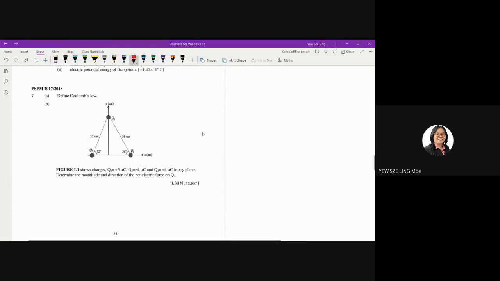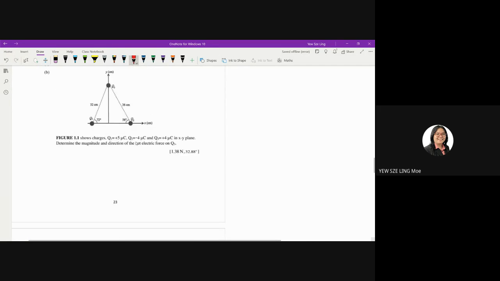All right, so let us look at this question. Question 7B. You are given three charges. Q1 is a positive charge, Q2 is a negative charge, and Q3 again is a positive charge. So you have two positive charges and one negative charge.